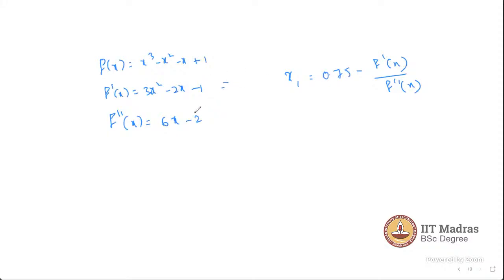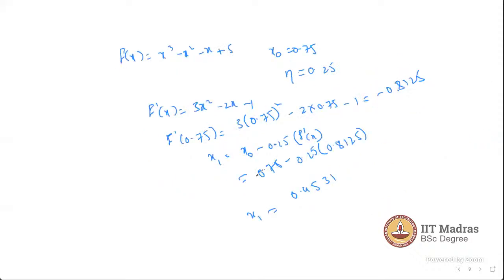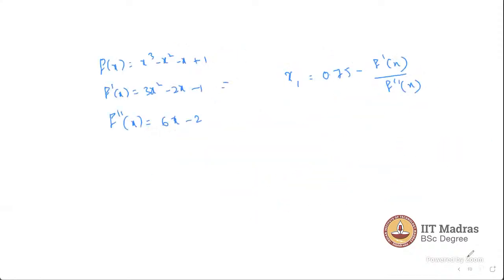So f dash of x, what did we get? We got minus 0.8125. And f double dash of x will be 6 into 0.75 minus 2.